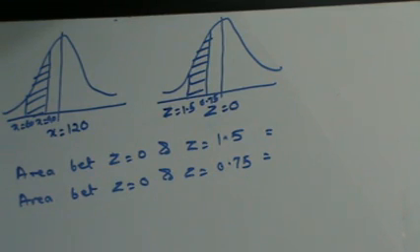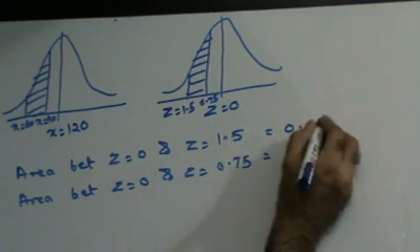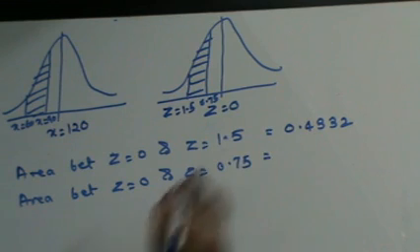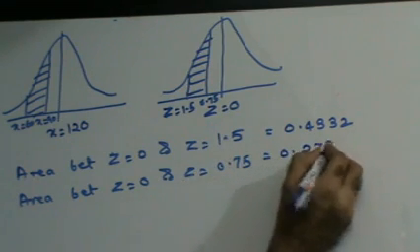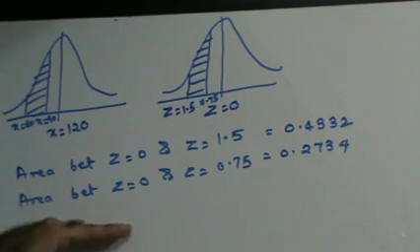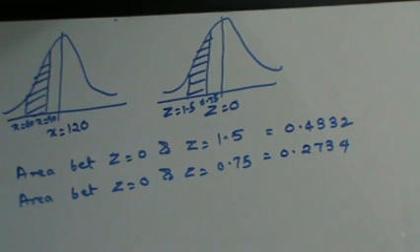The area between z is equal to 0 and z is equal to 1.5 is 0.4332, and the area between z is equal to 0 and z is equal to 0.75 is 0.2734. This data is given to you in the sum, so we will use the data that is given to us in the sum.